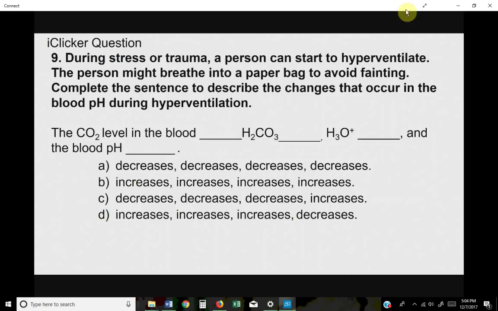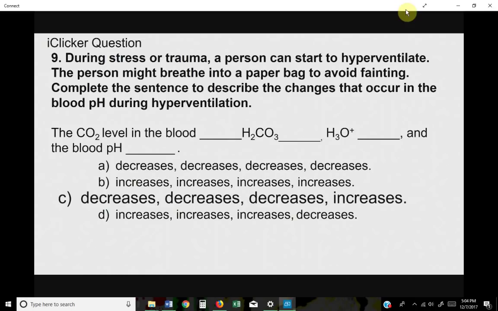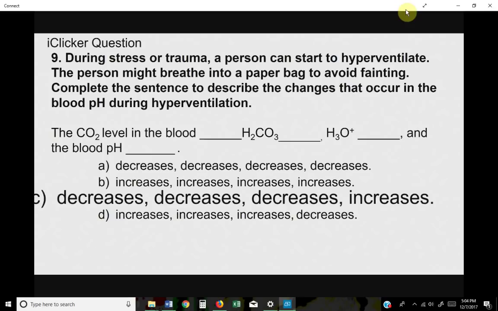And if the carbonic acid level decreases, the hydronium ion concentration decreases. And if the hydronium ion concentration decreases, then the blood pH goes up. So that's during hyperventilation.